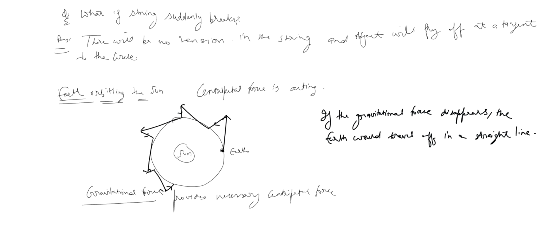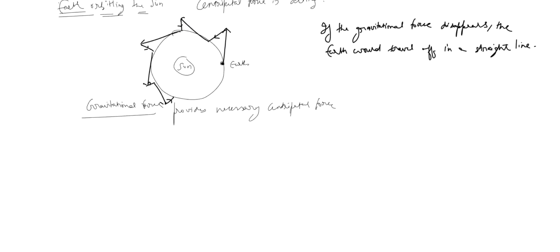If we consider a car going around a bend on a flat, rough road, what do you think will provide the centripetal force? Friction between the tires and the road.